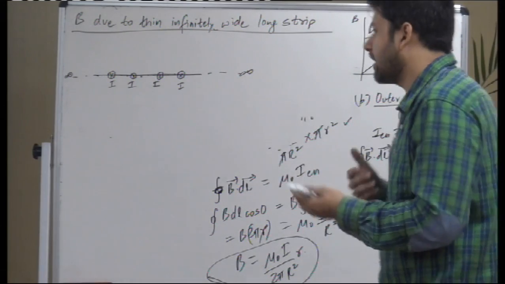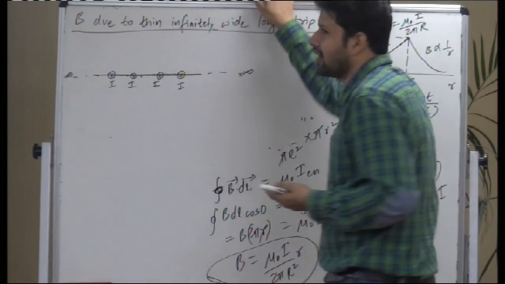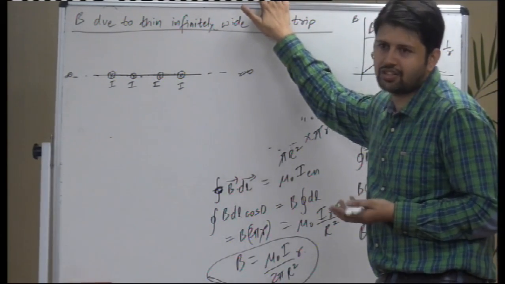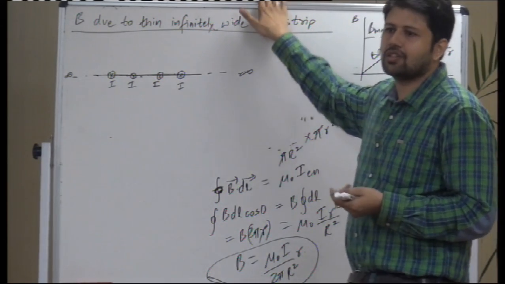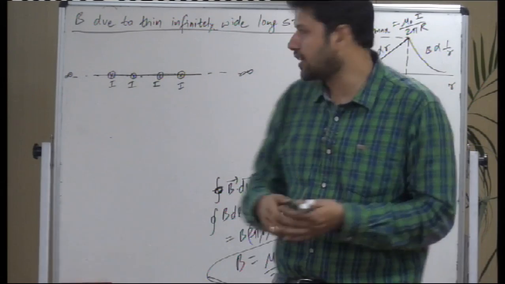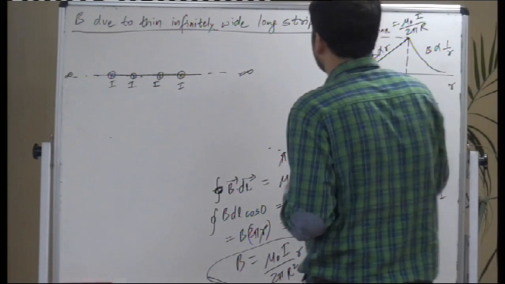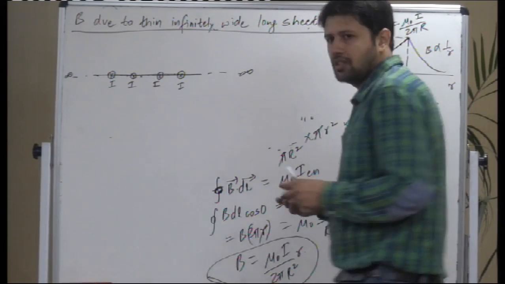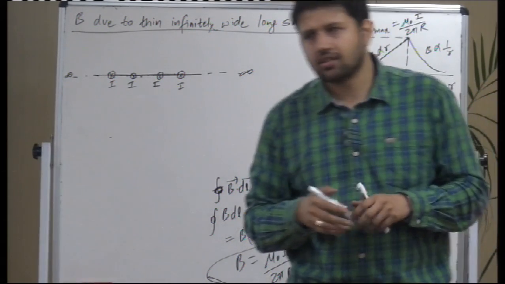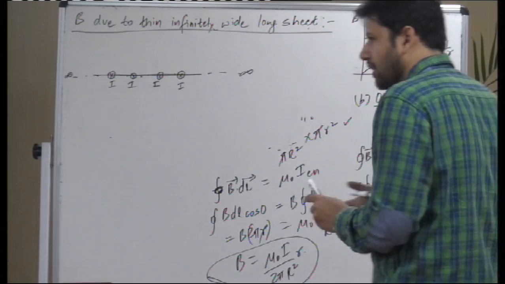Don't you think that it is a perfect case for our Ampere's law? Everything is infinite. So this is called a sheet of current.